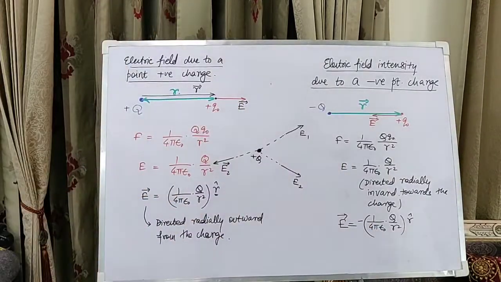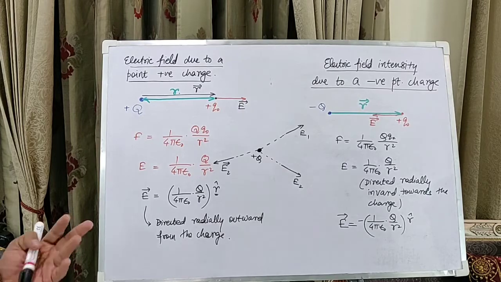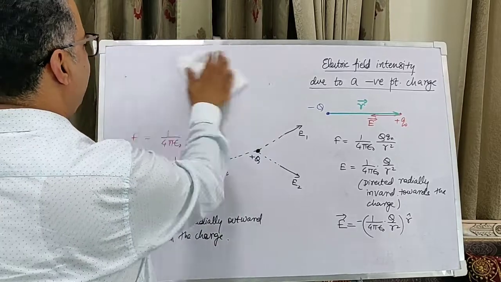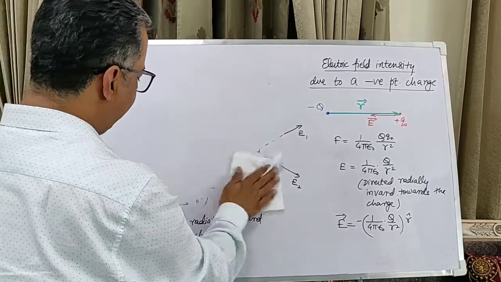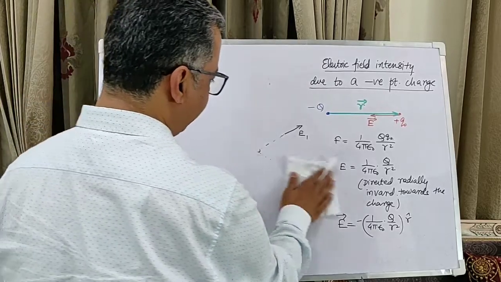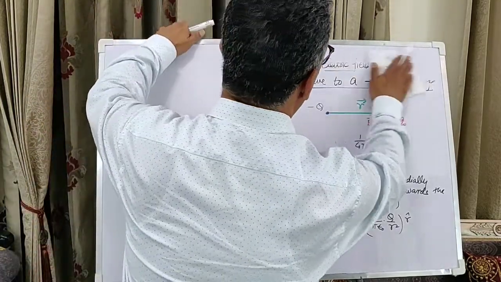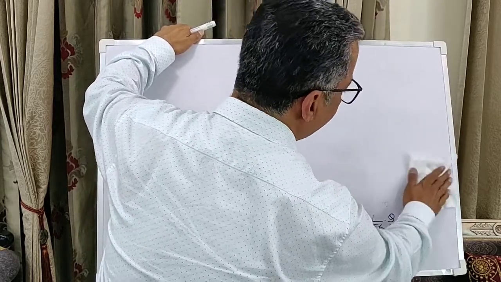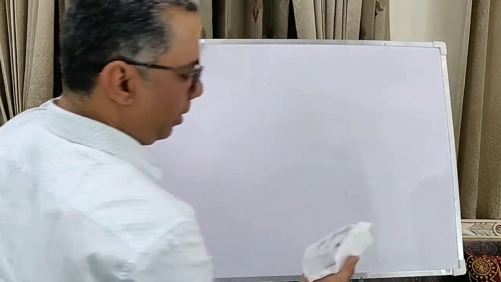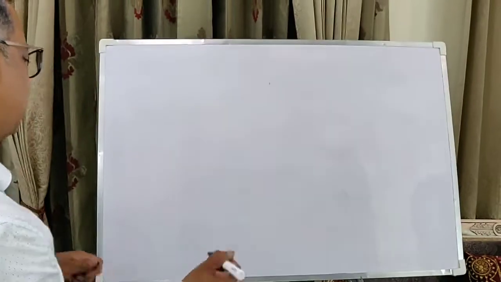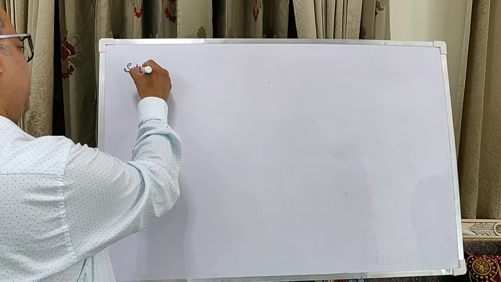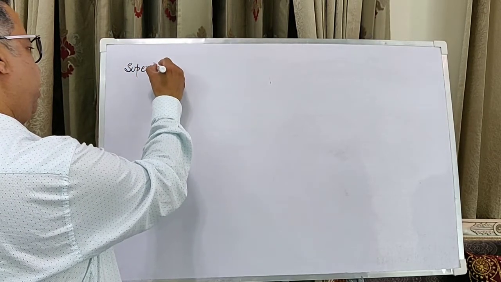Now a very, very important principle. We revisit the superposition concept, the superposition principle one more time. When we are calculating electric fields due to a number of charges, then the net electric field at a given point is simply the vector sum of the individual fields due to the charges present. So there is a revisiting of the superposition principle here.